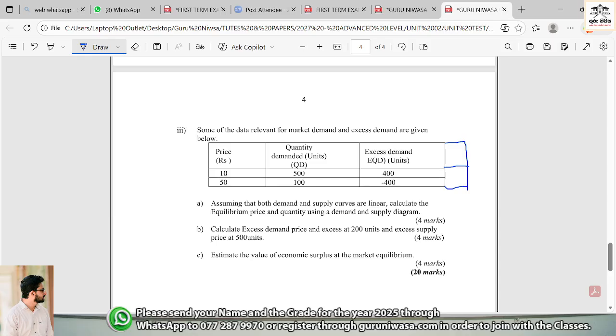Demand, how many units? 500 and 100. Excess demand given is 400 and minus 400. Calculate supply at these two prices.